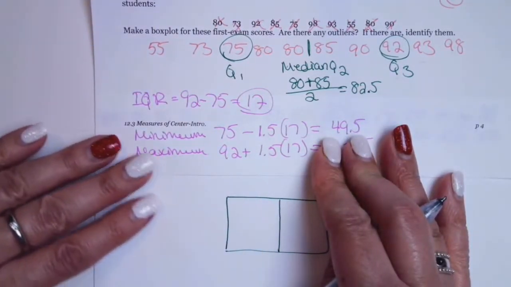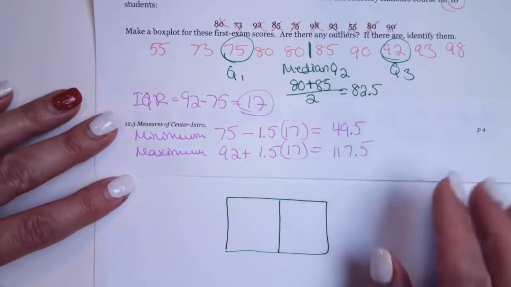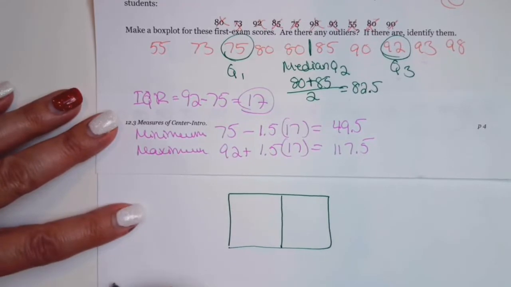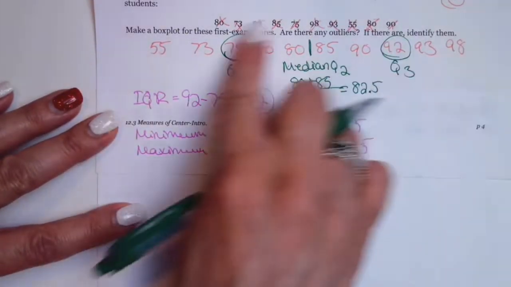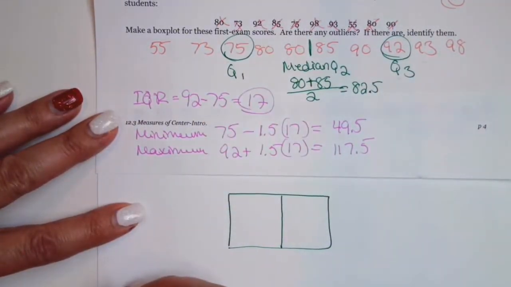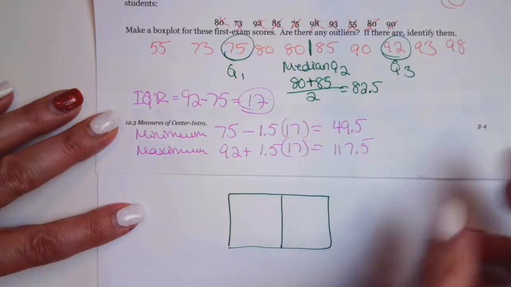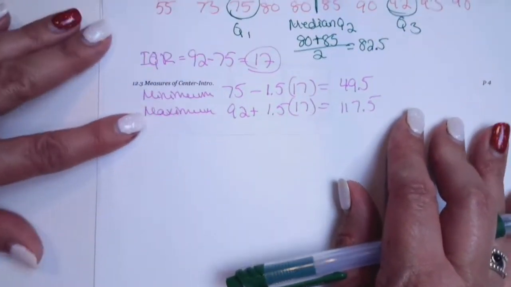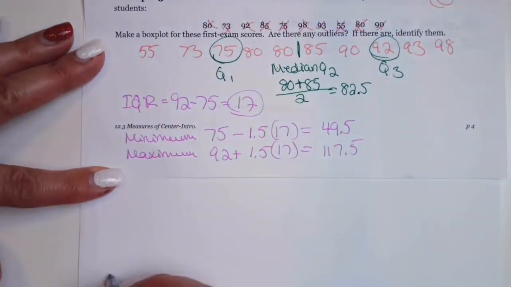And actually, you know what? We need a number line here. We need these numbers on a number line before we can actually do this. Sorry about that. Let's start over. I don't know why I forgot about the number line.